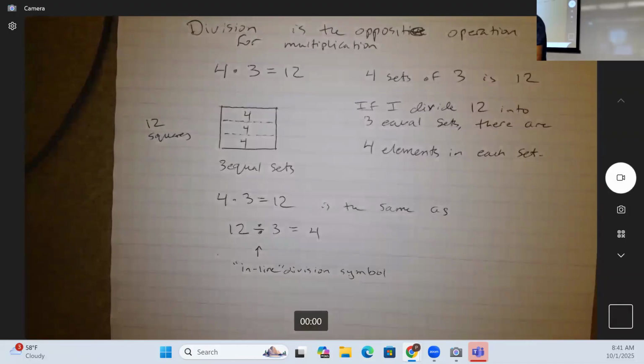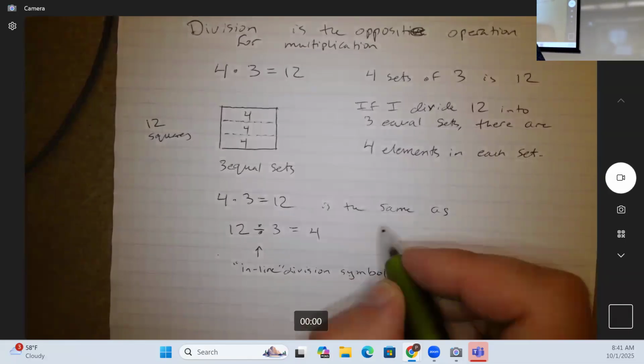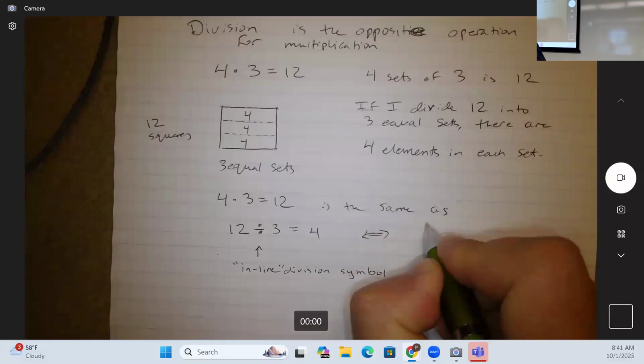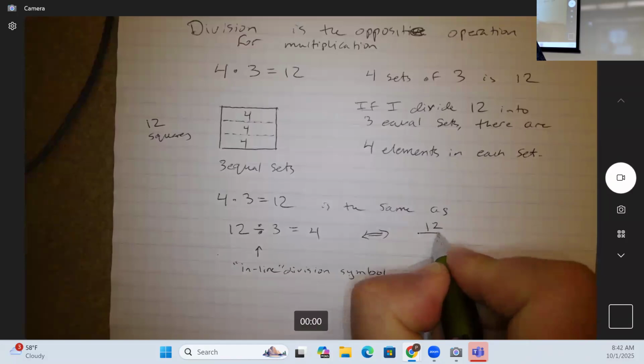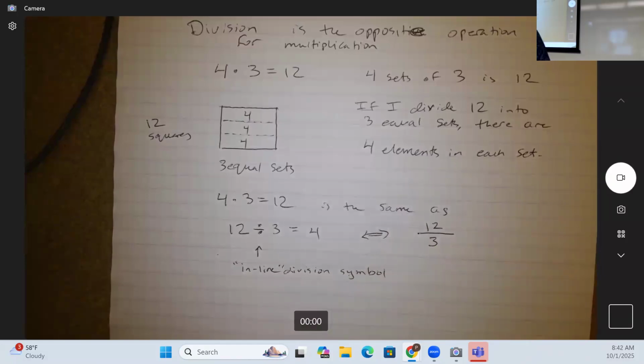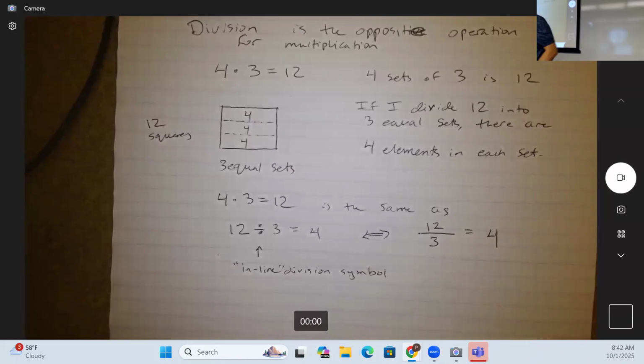It's the one we use when we want everything to be on the same horizontal line. It's more often to write the number that we're dividing on top, and then a horizontal line, and then the number of sets on the bottom, and then the result on the end.